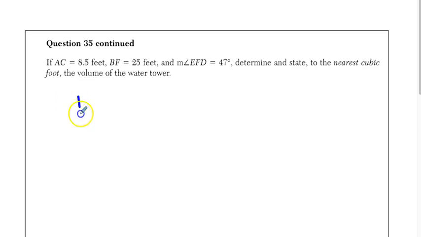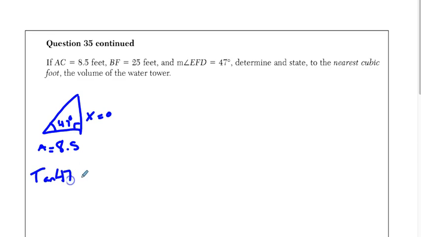From the previous page, what we have is a triangle. Let's draw this a little more accurately. It looks like this for our cone. The bottom was 8.5. This angle is 47 degrees, and we need to find the height. Let's label our sides. X is our opposite, we don't have a hypotenuse, and this is our adjacent. So we're going to use tangent here. The tan of 47 is equal to the opposite over the adjacent, which is 8.5.